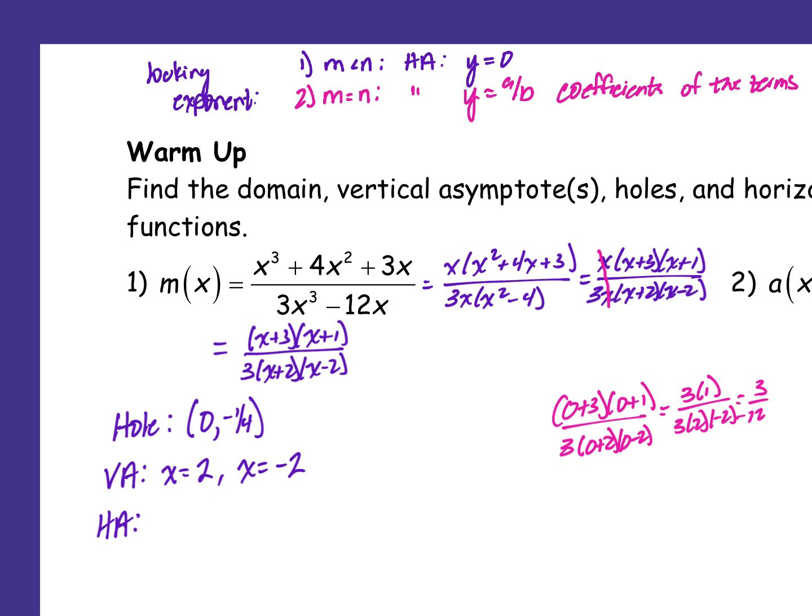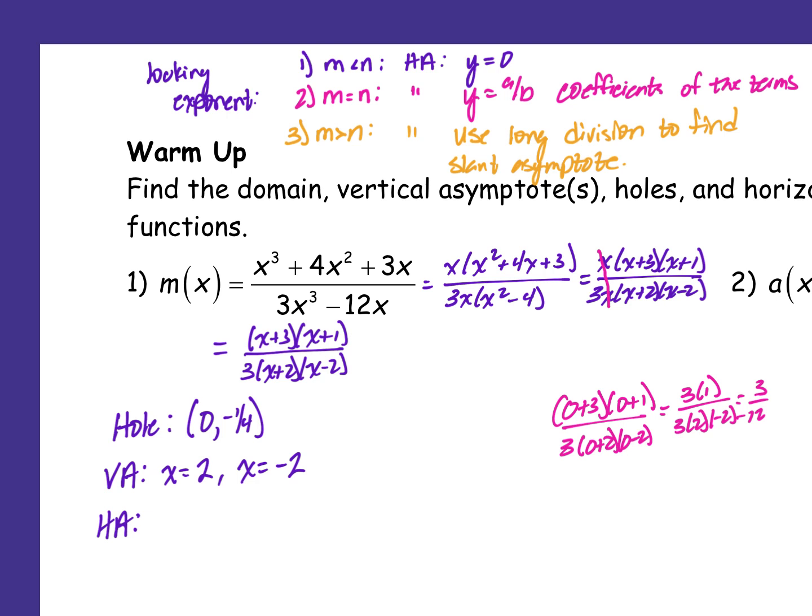And then the third situation says if the top is bigger than the bottom, then I use long division, and I don't have a horizontal asymptote, I have a slant asymptote. If the top is bigger than the bottom, that's the hardest one.